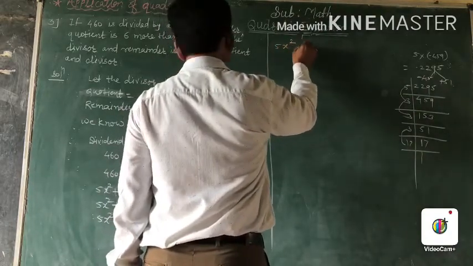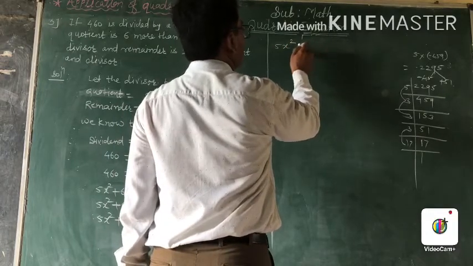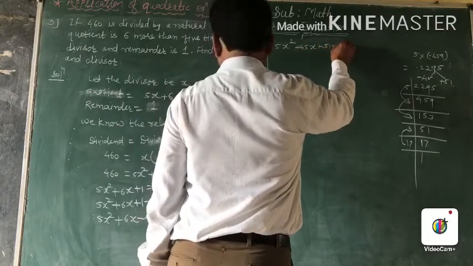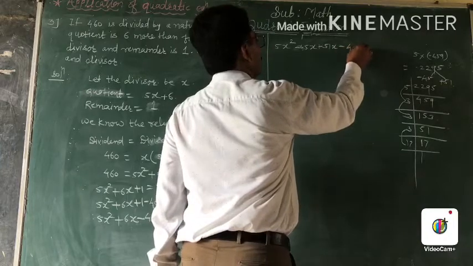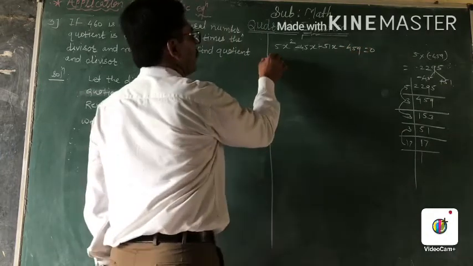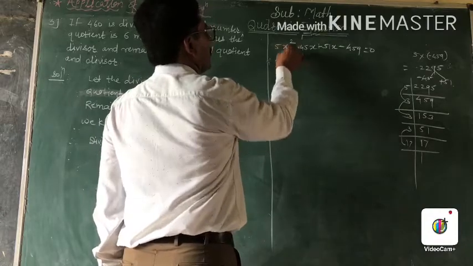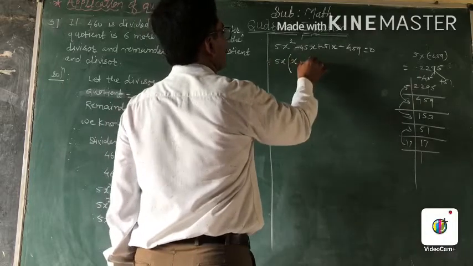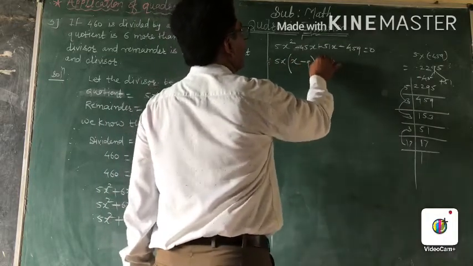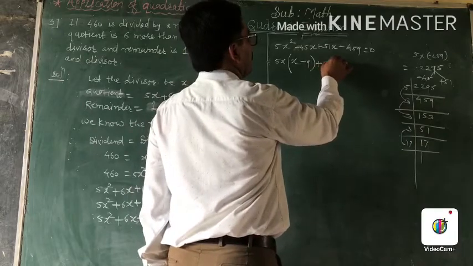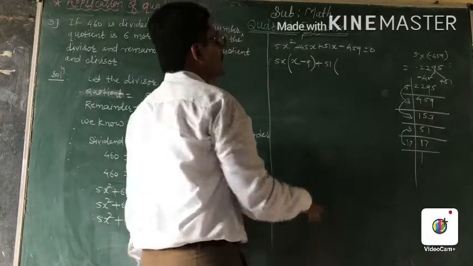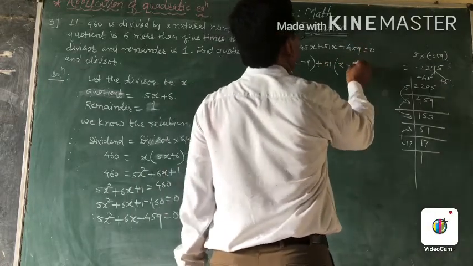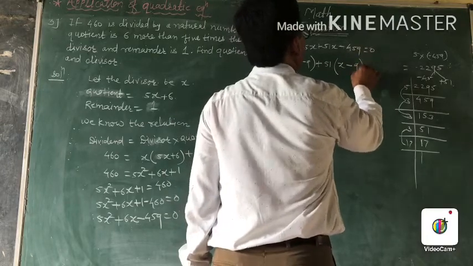5x square minus 45x plus 51x minus 459 equal to 0. Therefore 5x is common in the first two terms, leaving x minus 9, and 51 is common in the last two terms, leaving x minus 9.